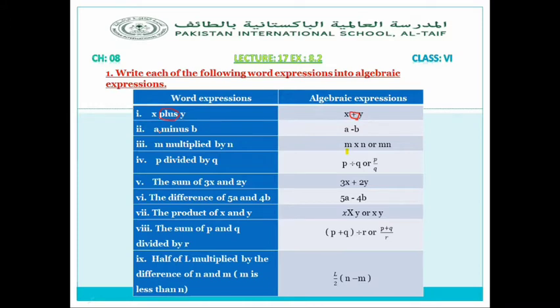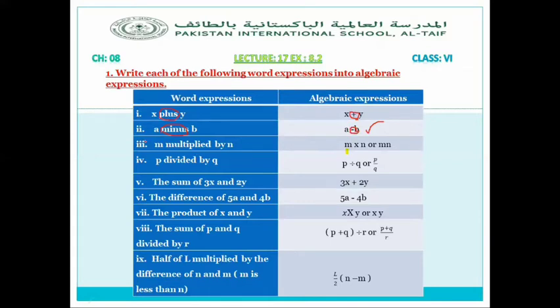Part number 2, a minus b. Now here, the word minus will be replaced or converted into the symbol minus. In the second column, we will write a minus b. Here, a minus b is the answer, and the word minus is changed into the symbol minus.